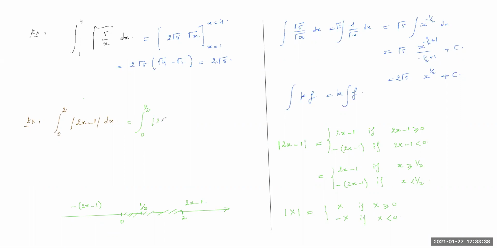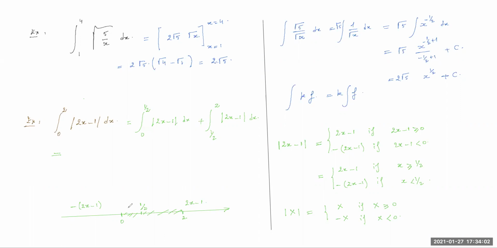Exactly. You can do that for any function, separating by a number. For us it was necessary because we have an absolute value, and the endpoint 1 over 2 gives us the right formula to use on each interval.